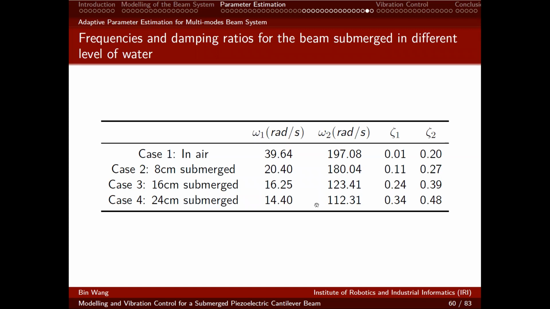As the water increases, the frequency decreases. For the dampings, it will increase a lot for the submerged beam because the surrounding water works like a big mass attached to the beam, so the dampings will be increased.